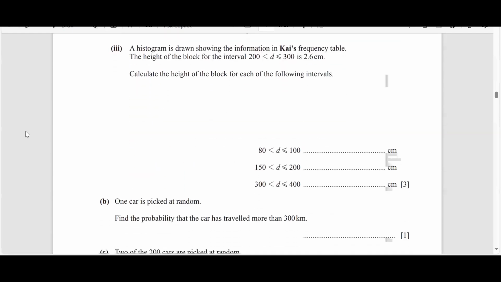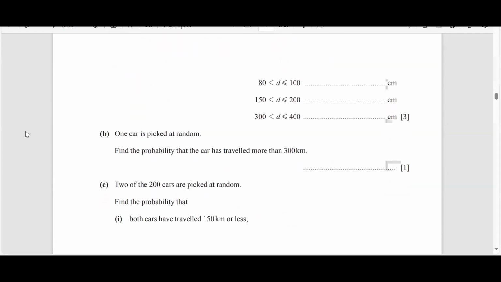So now moving on to the next one. One car is picked at random. Find the probability that the car has traveled more than 300 kilometer. So for probability, we know the formula. Probability of an event is number of favorable outcomes divided by total number of outcomes. So here we need to find out how many cars are traveling more than 300 kilometer. So let's check the table here.